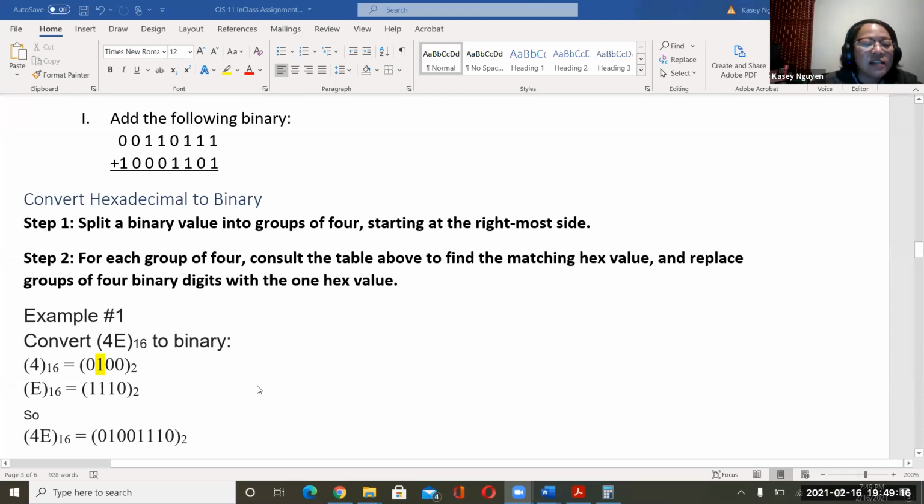So we know that we have 14 equivalent in decimal. So when you convert 14, you would get 1110. So together you combine the 4 bits for 4E in hexadecimal. Here's the 4, right? And then the E is these right here.